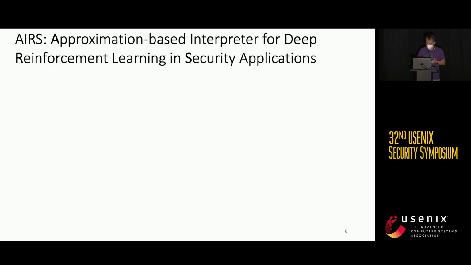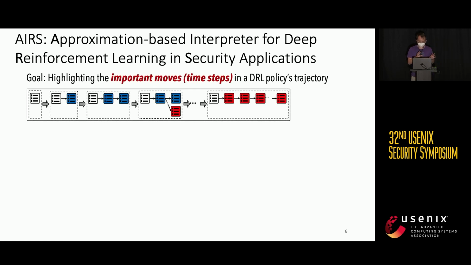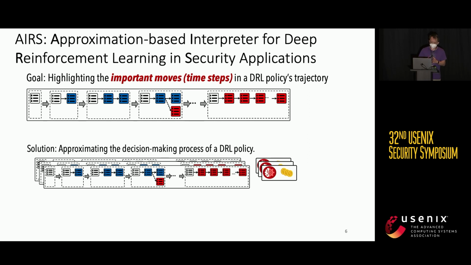And with all those motivations, I think our task becomes pretty straightforward. Say I have this trajectory of a reinforcement learning agent taking, I don't know, 100 steps, for example, and then I get this final reward. I want to identify what the important moves are. So our strategy at a high level is that we collect a bunch of trajectories, and then we collect the reward of each trajectory, and then we try to approximate the trajectories with some explainable model.